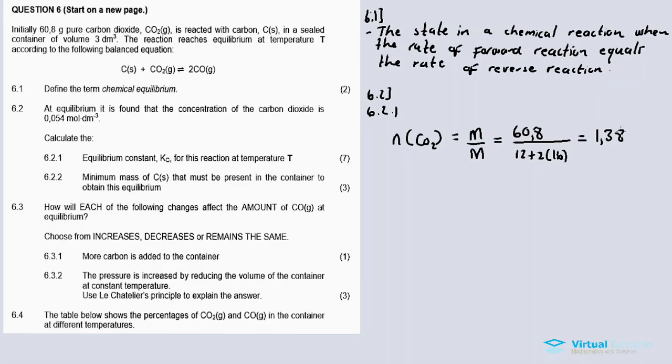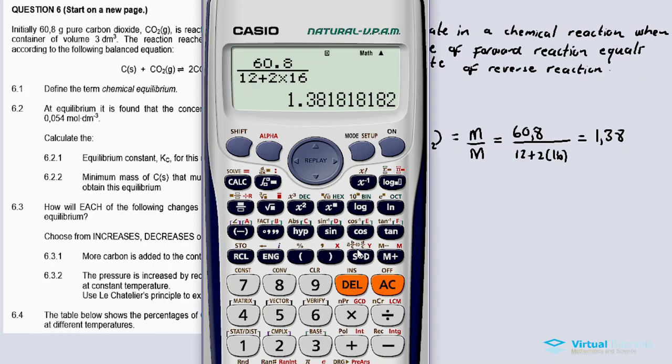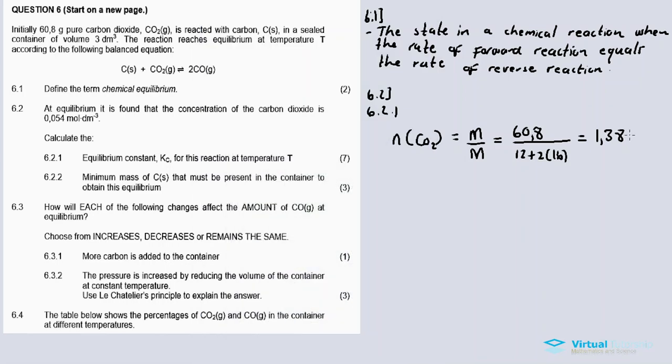Let's see, expressing it to 3 decimal places, it's going to be 1.382 moles. So this is our answer for the 60.8 grams of pure carbon dioxide in terms of moles: 1.382. So now we can calculate the Kc value.